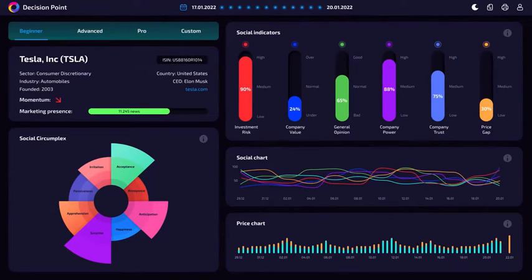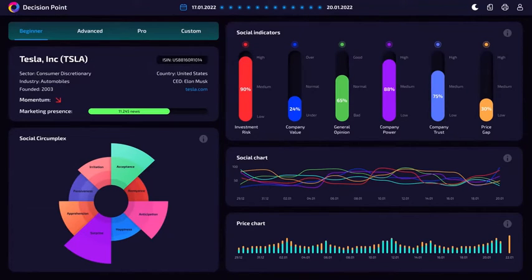I can go ahead and, for example, do my technical analysis and see what bear flags I can find. Because again, I'm deciding that the company is going downwards, and I believe that buying some put options would be beneficial for me, and I would be ROI positive. Of course, I'm looking into the technical analysis part just to see some confirmation. But Decision Point helped me to take the initial decision. The stock price is probably going down. And now I can look for confirmation.